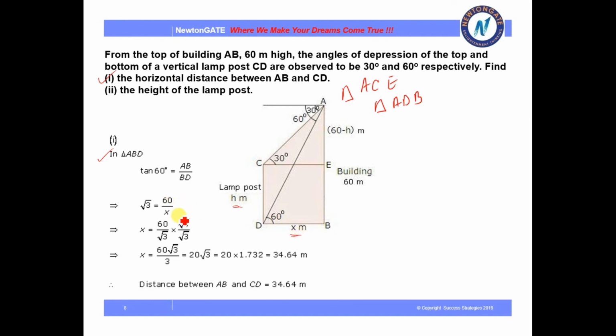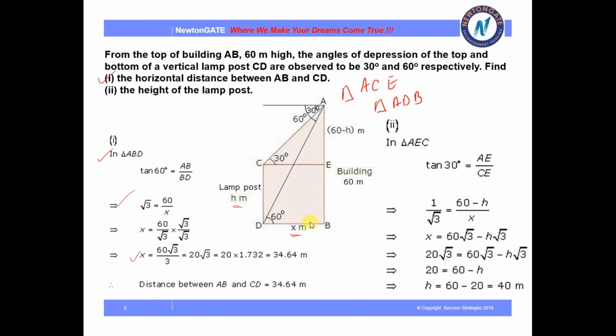So 60 by x is equal to root 3. So x is equal to 60 by root 3. That gives us the value of x as 34.64 meters. So the distance between the lamp post and the building is 34.64 meters.